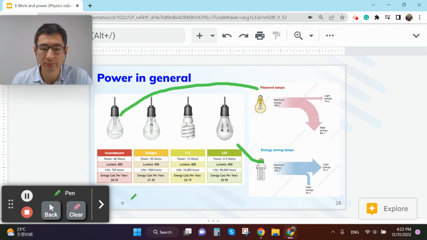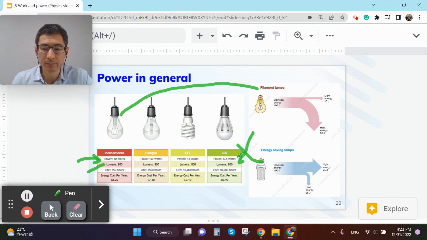Long time ago, people used to use this one, and even though they consume a lot of power, meaning it requires more power, like 60 watts to operate, their brightness is 800 lumens. Compare it to the LED.